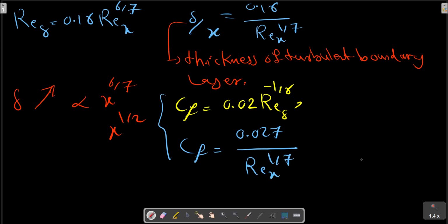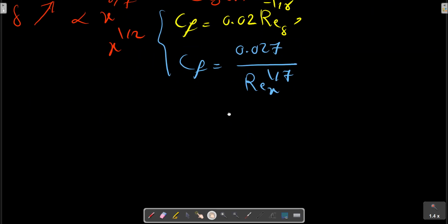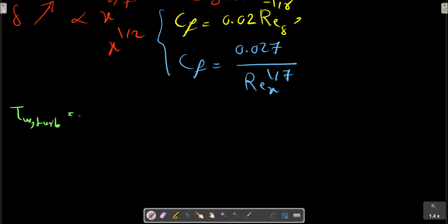Writing this out in dimensional form, we can have a relation for shear stress at wall for turbulent flow. We can write this relation.